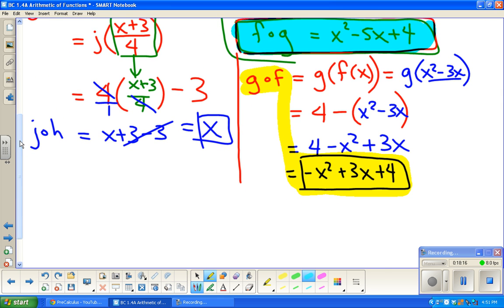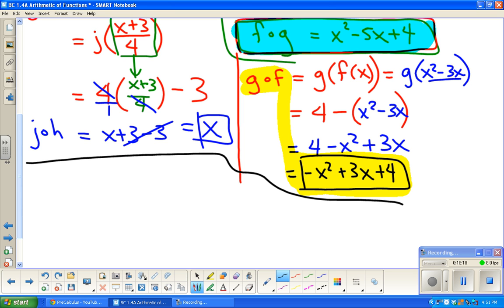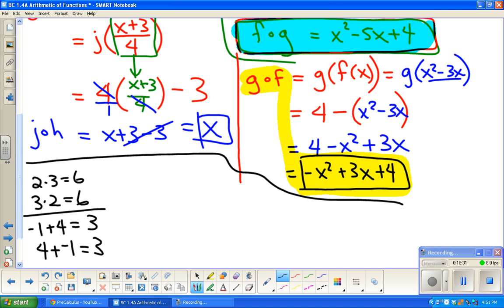Okay. Think about things like 2 times 3 and 3 times 2. Negative 1 plus 4, 4 plus negative 1. Multiplication and addition are commutative, which means if I change the order, if I rearrange the order, it doesn't really matter. I get the same answer.